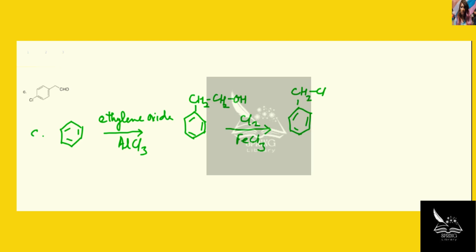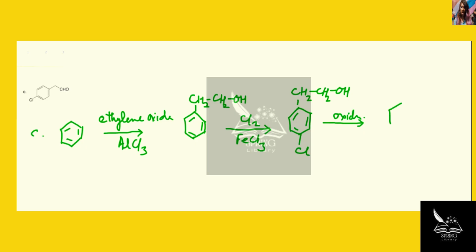After that, you are doing the controlled oxidation. And the final product will be, by complete oxidation, the CH2OH group can be converted to CHO.